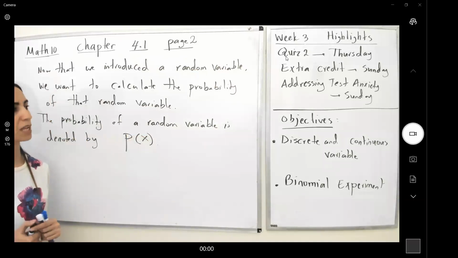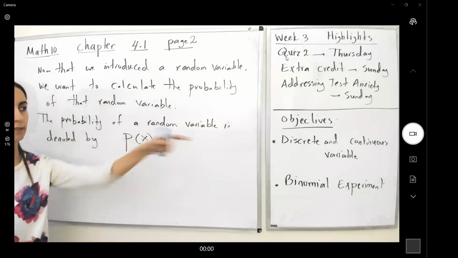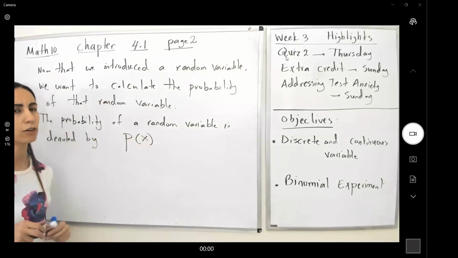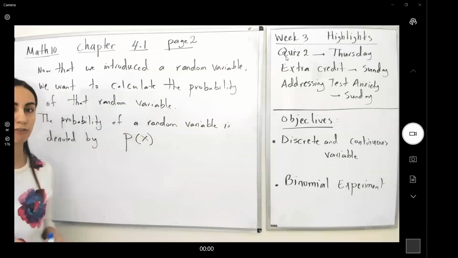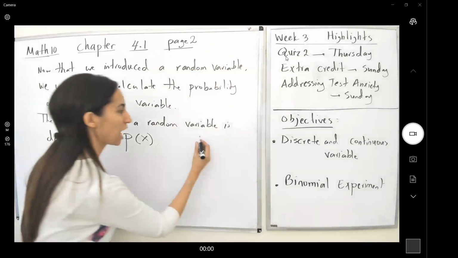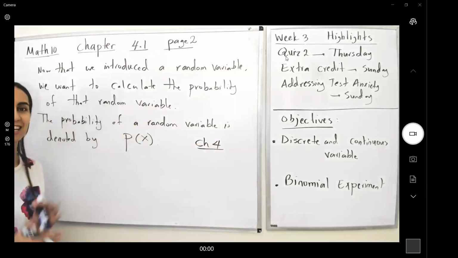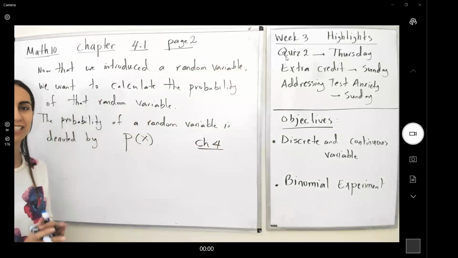Very well. Now I expect you to ask, since you introduced 2 different variables, are we going to work with 2 different probabilities? The answer is yes. In chapter 4, we just focus on probability for a discrete random variable.